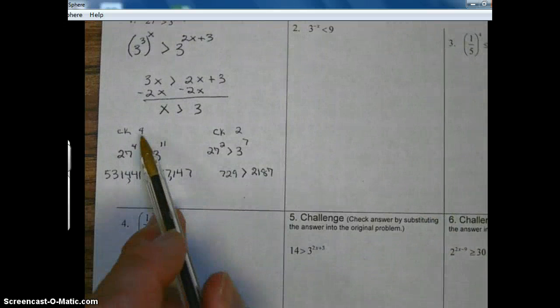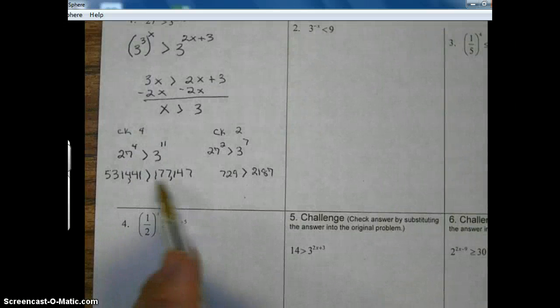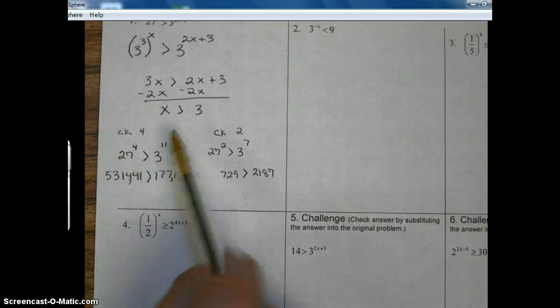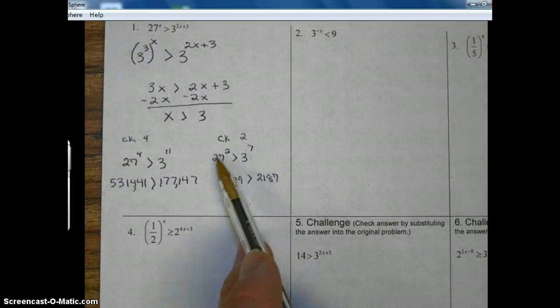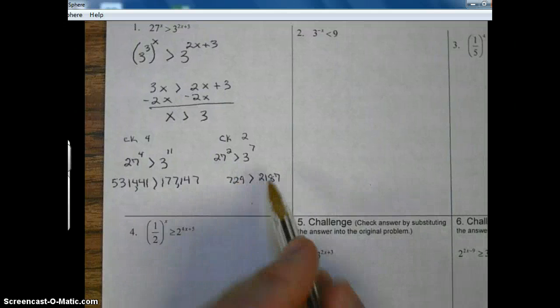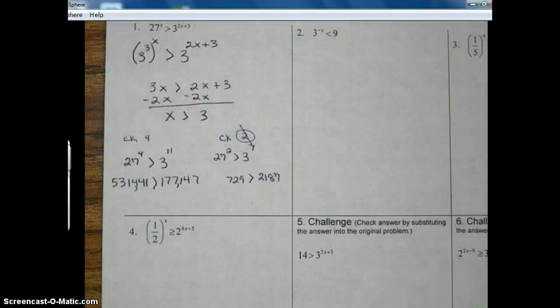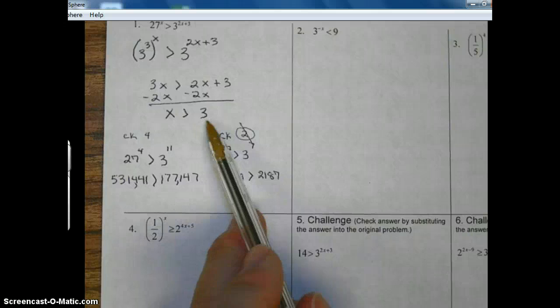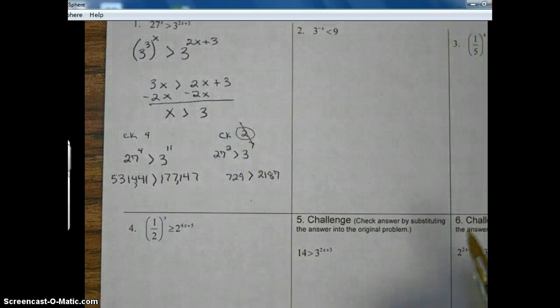Okay, so checking 4, we see that the left side is indeed greater than the right side. Now if I check a number less than 3, check 2, we notice that the left side is not bigger than the right side, so check 2 does not work. Okay, and obviously 3 will not work either because there is no equal sign present.